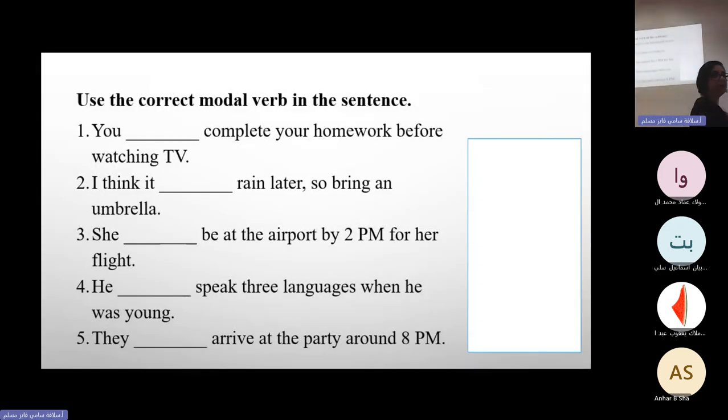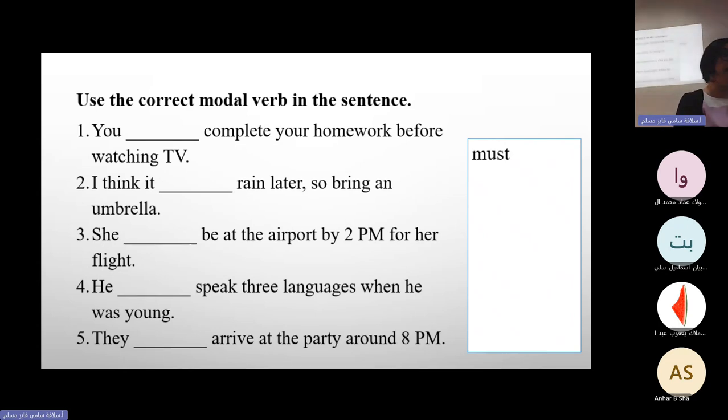Use the correct modal form. Modal verbs: would, could, should, must, might, have to. You complete your homework before watching TV. You should. You have to. Or must. You can choose any one of these.